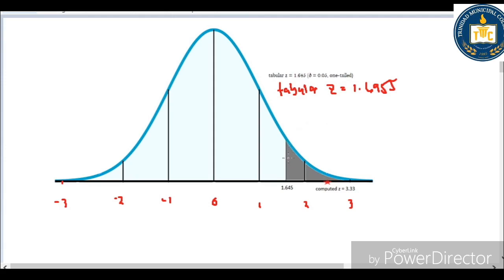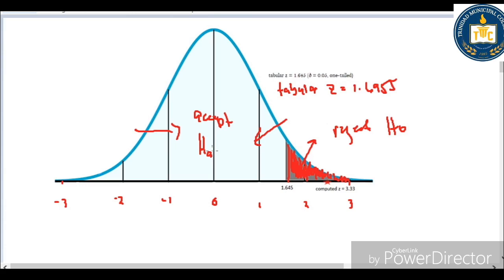So this part. If the computed t falls in this part, we reject the null hypothesis. In this part, which is not shaded, we accept the alternative hypothesis.